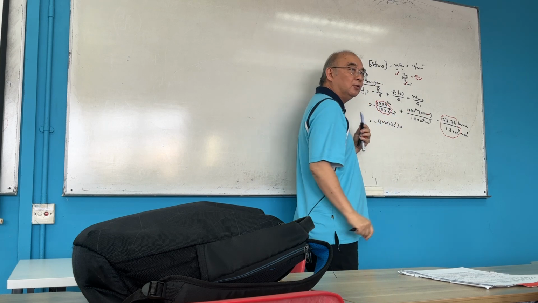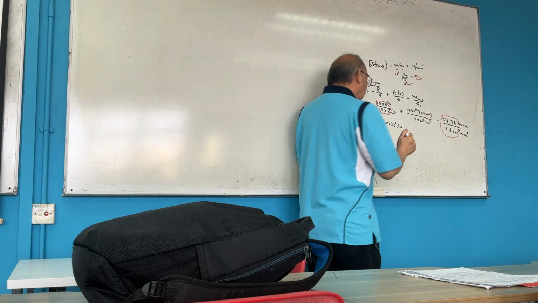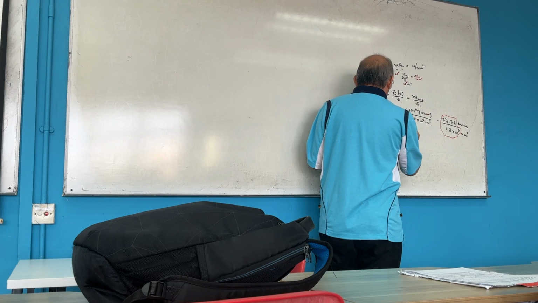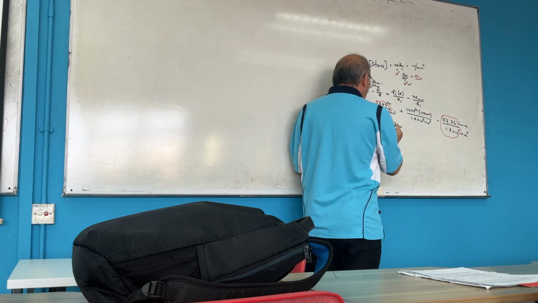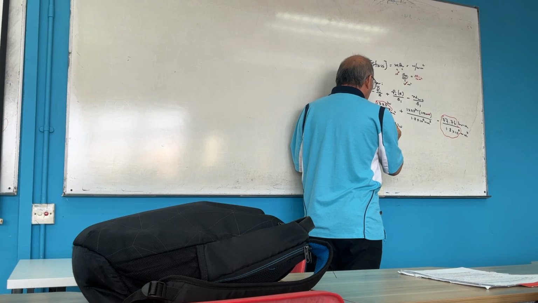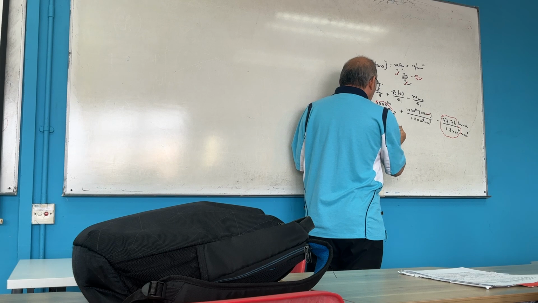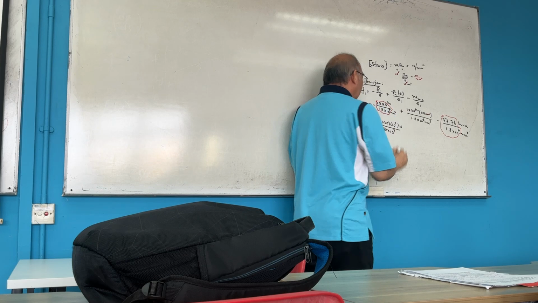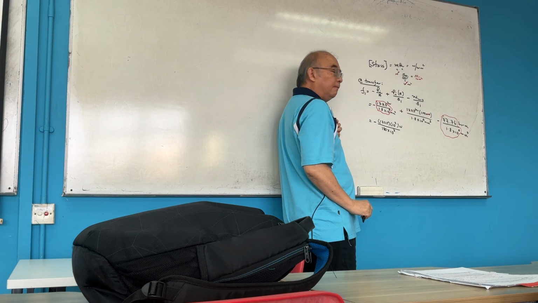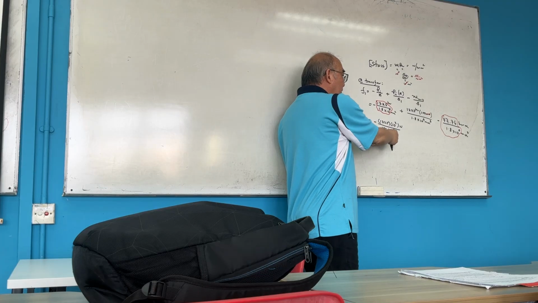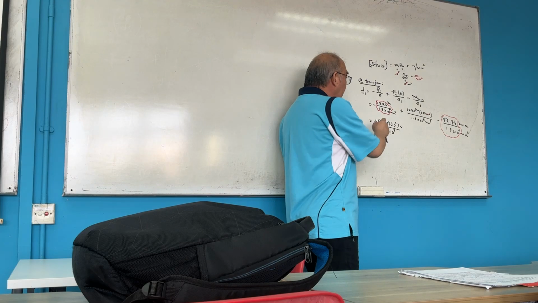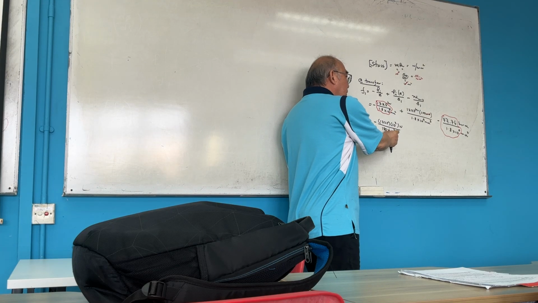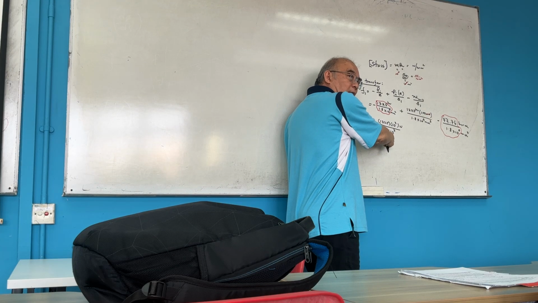I change to 10 to the 3 Newton. And then over here, I want to change to 180 multiplied by 10 to the 3. 1.8 times 10 to the 5 is 180 times 10 to the 3, right? In the area, you try to express it times 10 to the 3.